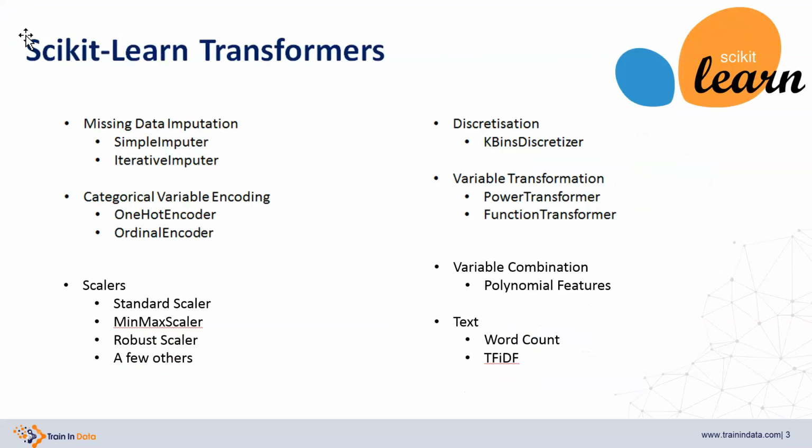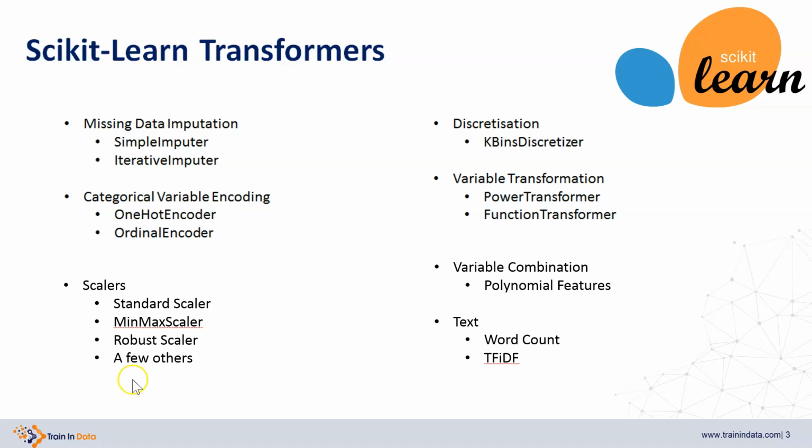Scikit-Learn has a battery of transformers to tackle various aspects of the variables. For example, it has the simple imputer to perform mean, median imputation, imputation with the frequent category, or to add an arbitrary value, and it has the iterative imputer to perform multivariate imputation. It can also perform one-hot encoding with the one-hot encoder, or replace strings by numbers with the ordinal encoder.